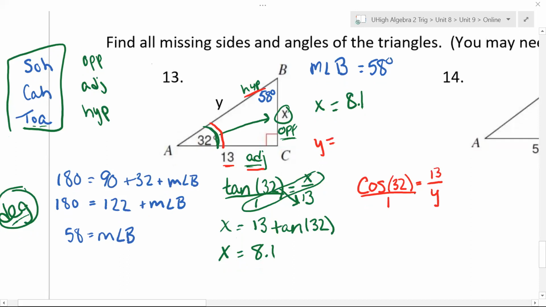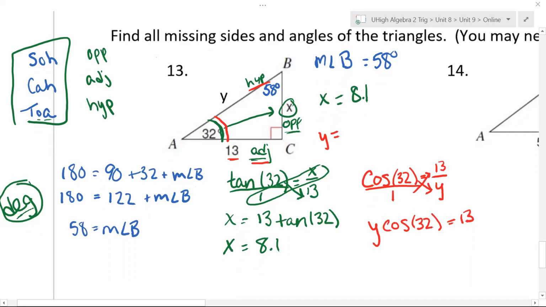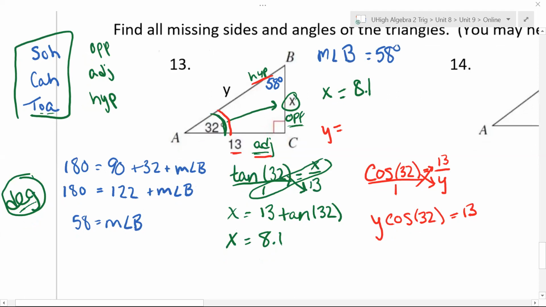So cosine of 32 times y, I'm going to write as y times the cosine of 32, and then 1 times 13 is 13. Now I want to solve for y, so I'm going to divide both sides by the cosine of 32. So y equals 13 divided by the cosine of 32. And when I type that into my calculator, I should get 15.3.